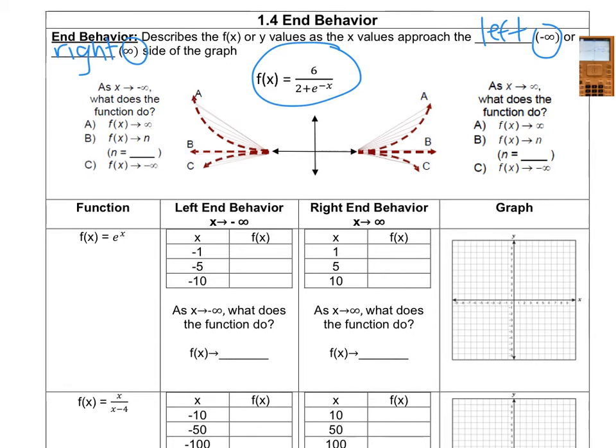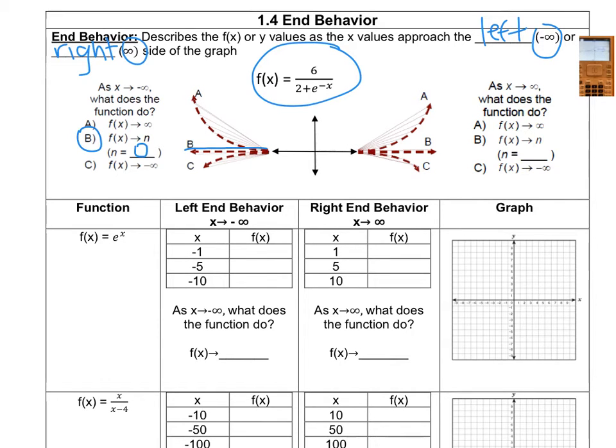So on the left side, the graph leveled out, so we would select B. And f of x, remember, is the same thing as y. Our f of x values or y values were approaching a certain number, and that number was 0. So right here, I would write n equals 0. Now let's switch and go to the right side. I'm going to switch colors to green. On the right side, the graph was also leveling out.